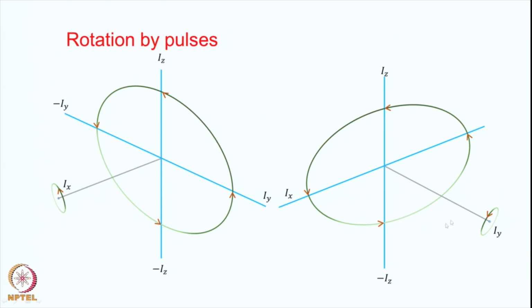Similarly, if I were to take a rotation around the y axis, a pulse along the y axis, the rotations will happen like this: Iz goes to Ix, Ix goes to minus Iz, takes you to minus Ix, and again minus Ix will take you to Iz. Once again the same arguments apply with regard to the flip angle. Instead of a 90 degree flip angle, if you use a different flip angle, you will get different components along the x and the z axis.